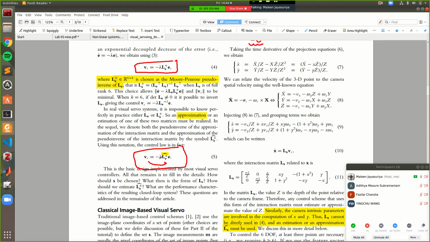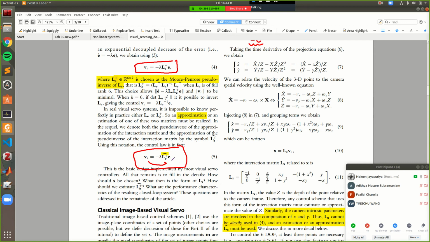We are dealing with features, and features could be anything. It could be a Harris corner, whatever, right? Pixel values in a 2D image and things like that, right? So ultimately, the relationship between the physical control input, which is the velocity of the gripper, and the error values is slightly more complicated, right?